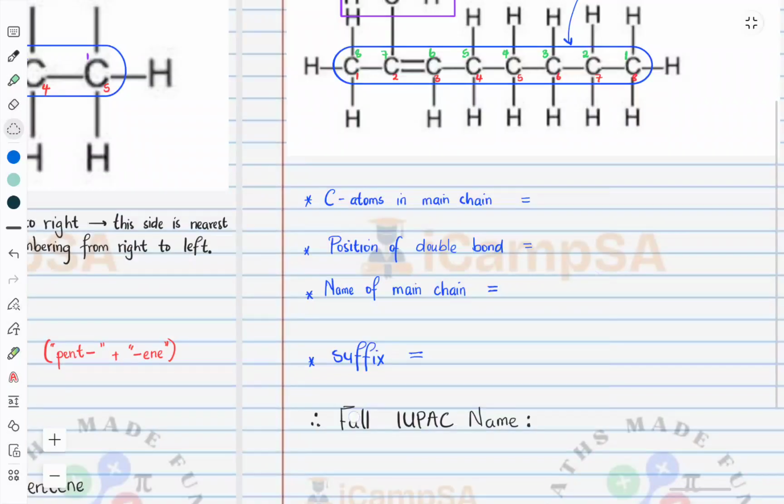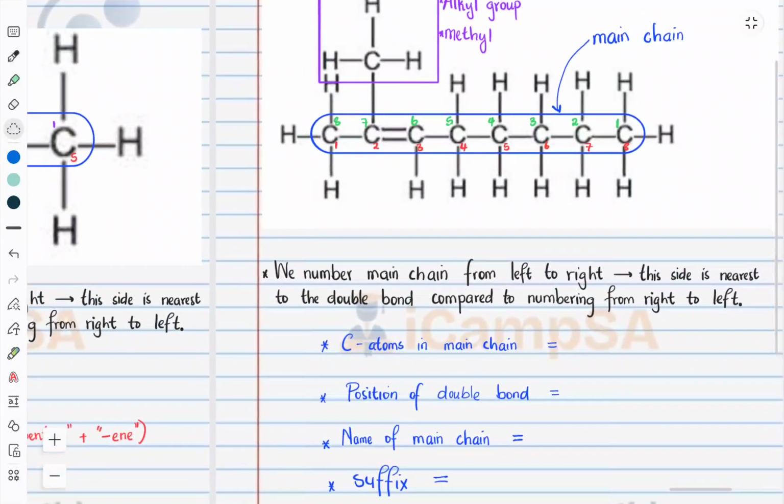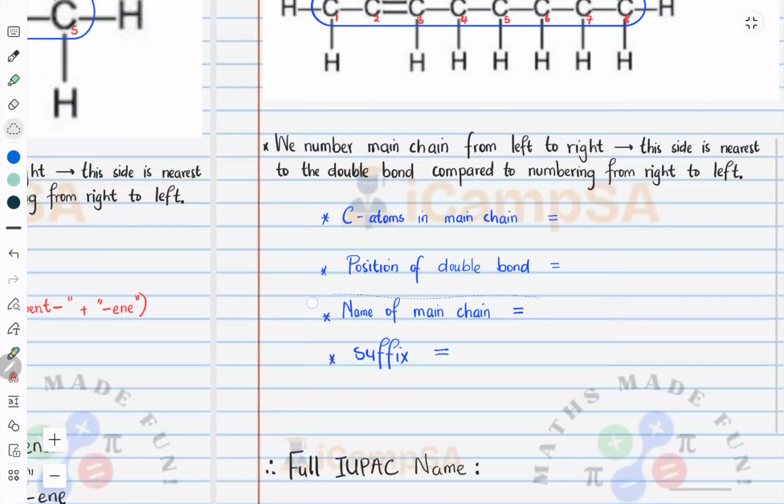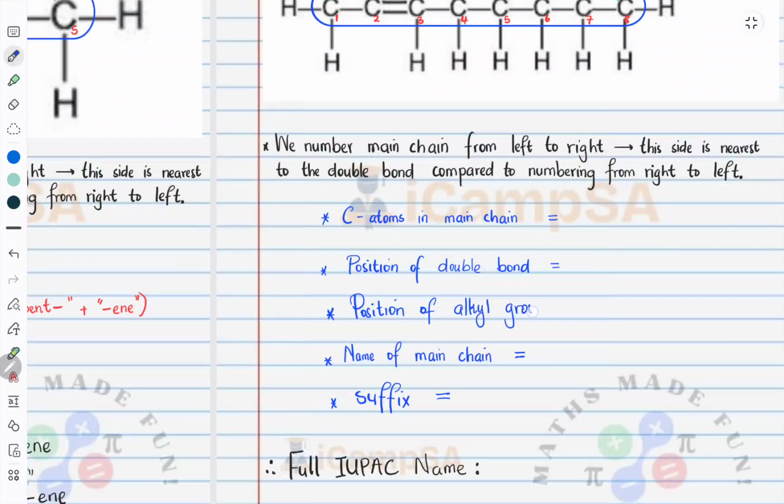We will add that description. Similarly here, we found that numbering from left to right is much better. So we'll just add another description here, because remember our steps say we need to include the position of the alkyl group, and maybe the name.